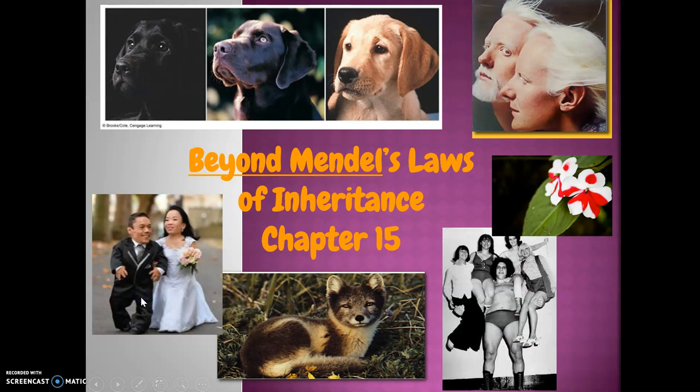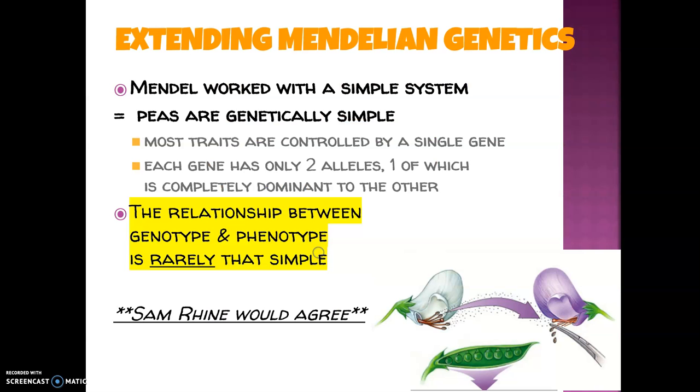Okay, so beyond Mendel's laws of inheritance, we're going to take this next step forward, and then we'll go over some genetic disorders. He worked with a very simple system, because peas are very genetically simple. Most traits are controlled by a single gene.